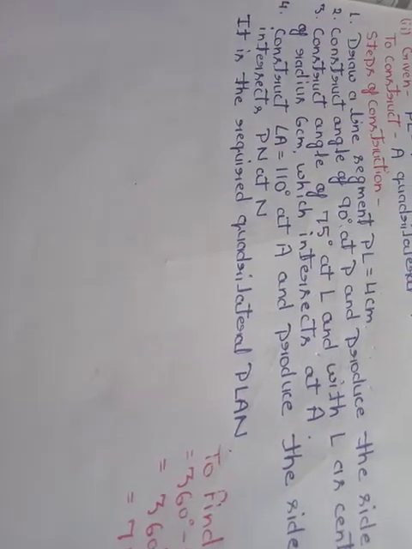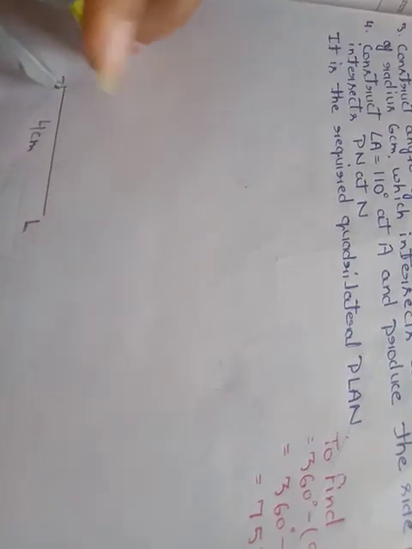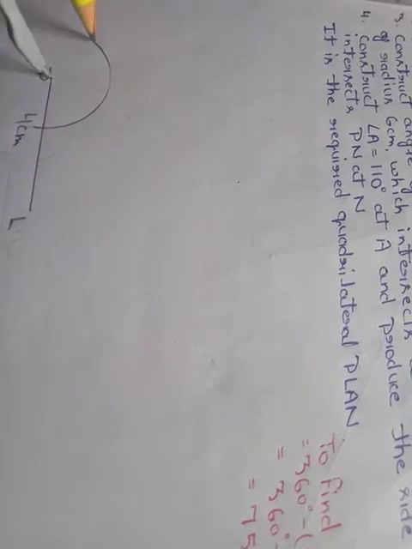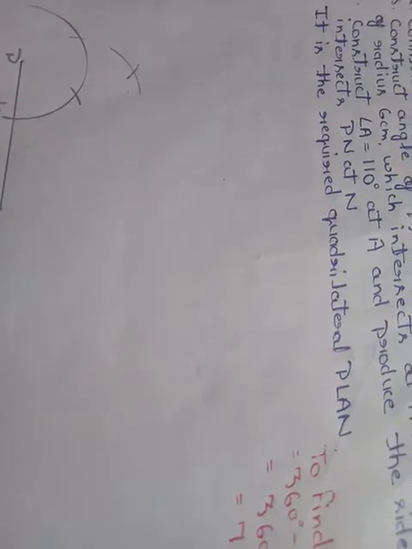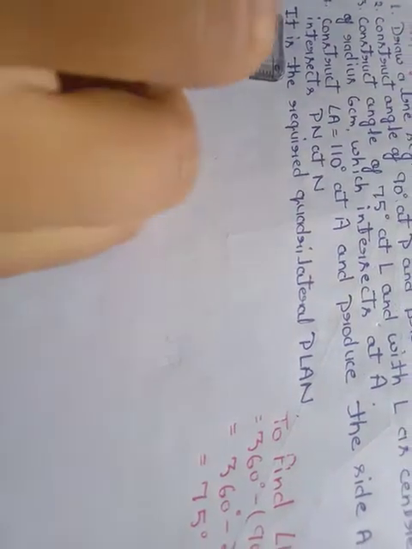Next construct an angle of 90 degrees at point P. This line is PL and we construct an angle of 90 degrees from point P, and produce the line PN. This is our N.